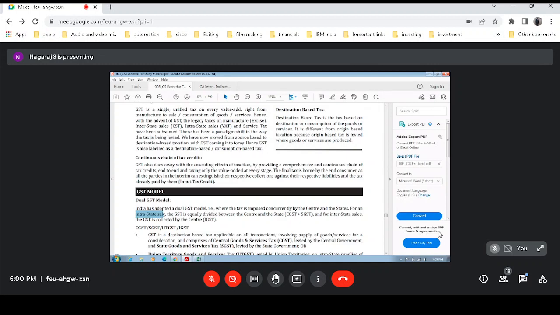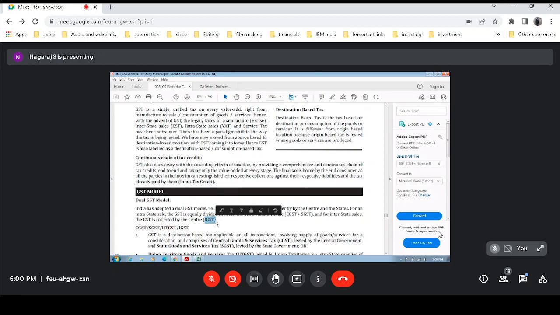If there is supply from one state to another state, IGST will be levied, which is collected by the central government and distributed to the concerned state.